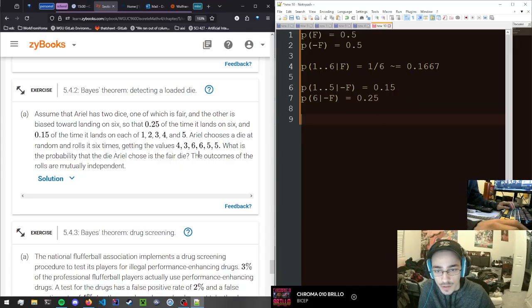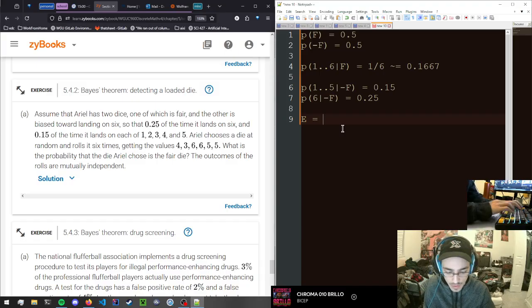And she's saying, yeah, so they're independent, so I can multiply to find out, doing them in a row. So let's say she got the event E, which is 4, 3, 6, 6, 5, 5.